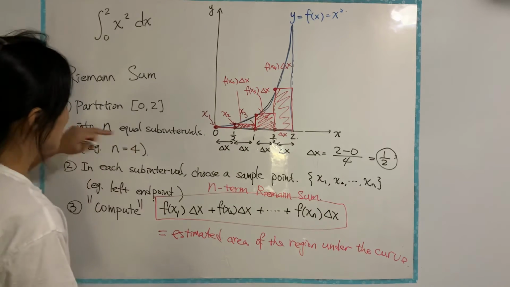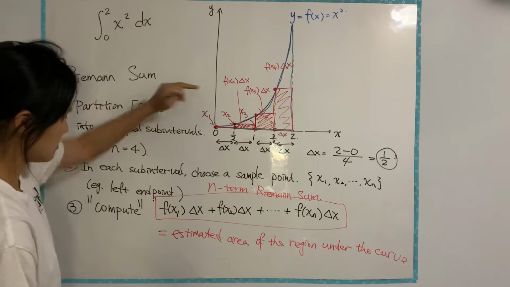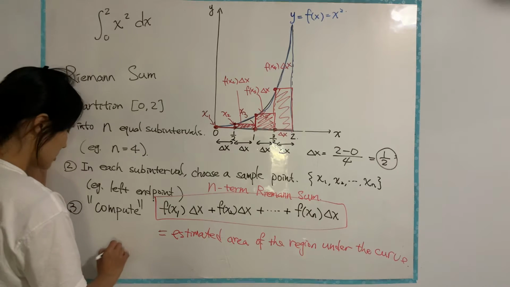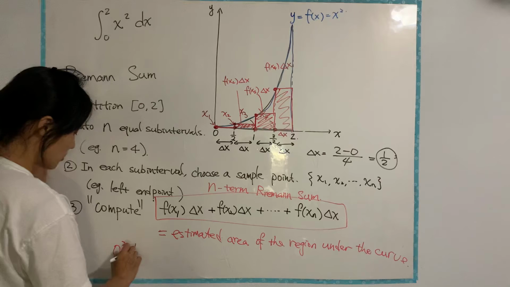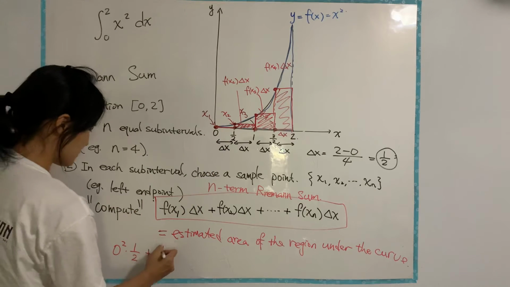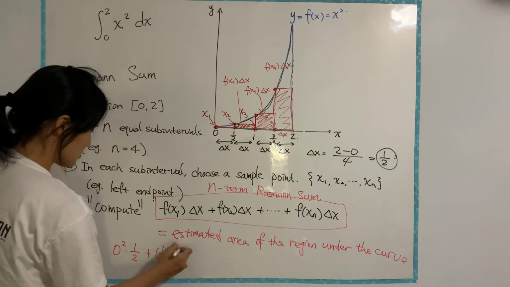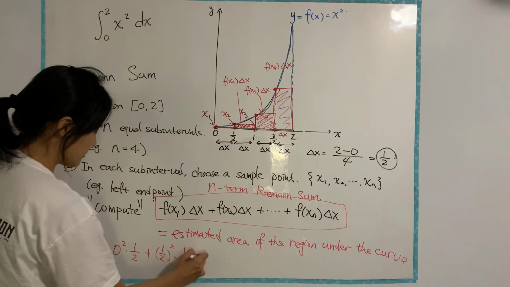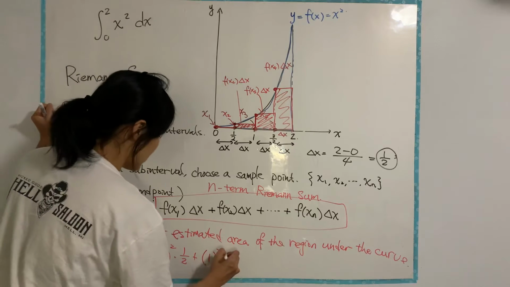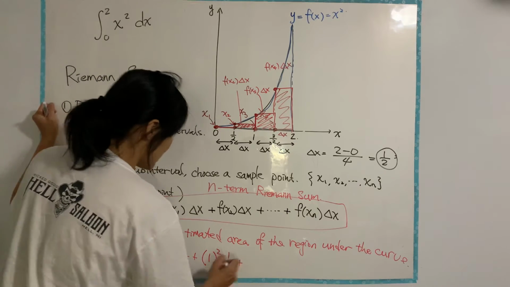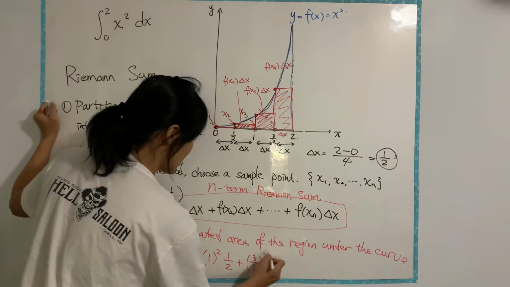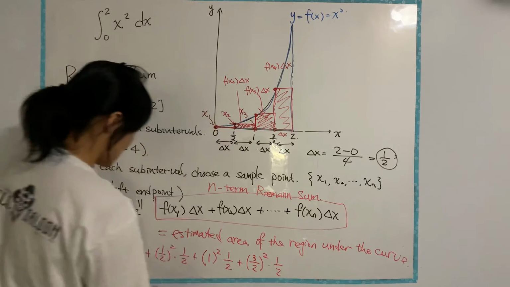So in this example, I have 0 squared times 1/2 plus 1/2 squared times 1/2 plus 1 squared times 1/2 plus 3/2 squared times 1/2.